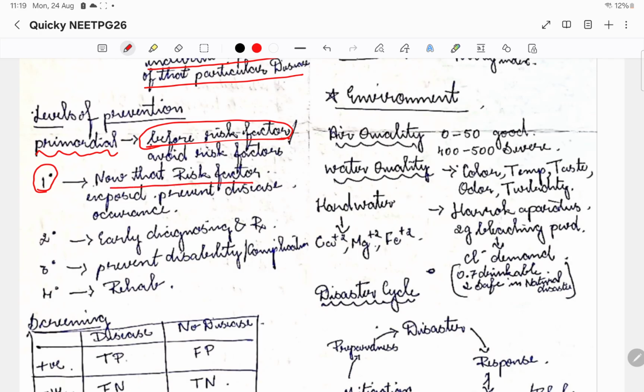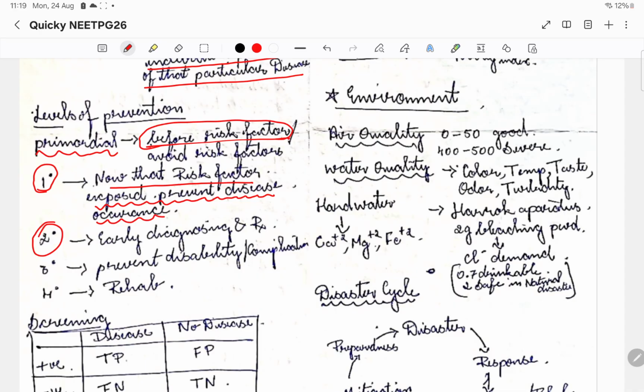Now what we do is we try to stop the smoking or prevent the disease from occurring. Stopping the smoking prevents arterial occlusion, which we studied in general surgery, right? So we stop the risk factor from turning into a disease. We'll tell the person to stop smoking.